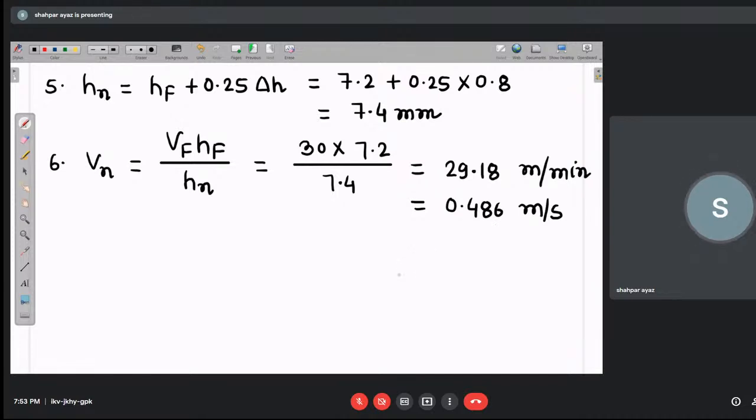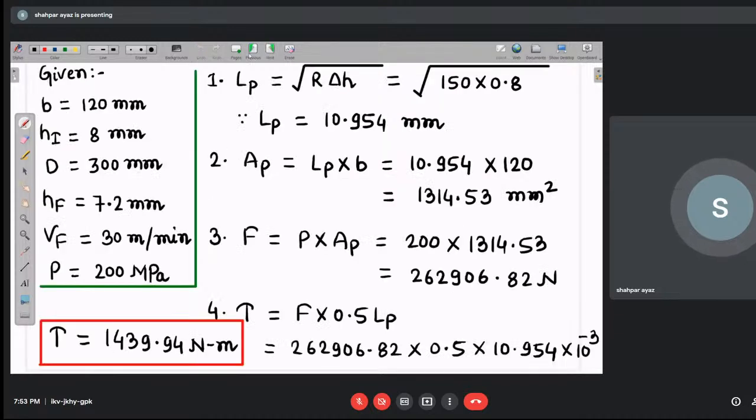Now all of you tell me, once we know velocity of the roller is equal to velocity of the billet at neutral plane, which is omega r, equal to 0.486, omega into radius.